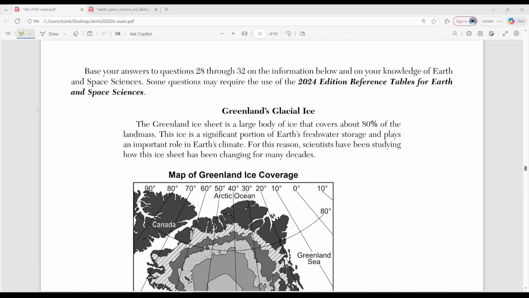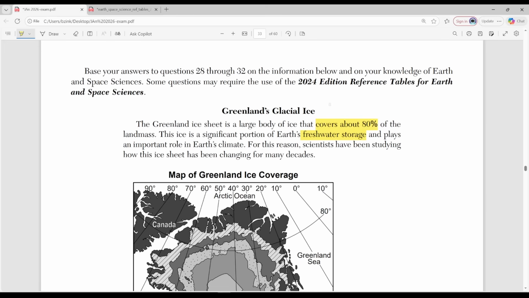Easy. All right, next section says base your answers on the Greenland's glacial ice section here. So it says the Greenland ice sheet is a large portion of ice that covers about 80% of the landmass. This ice is a significant portion of Earth's freshwater storage and plays an important role in Earth's climate.